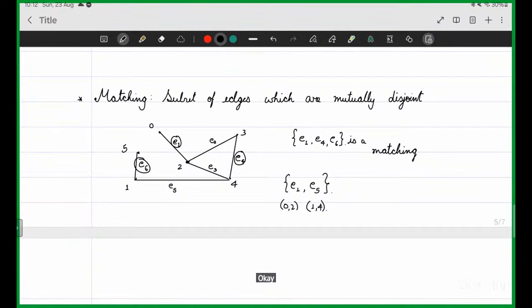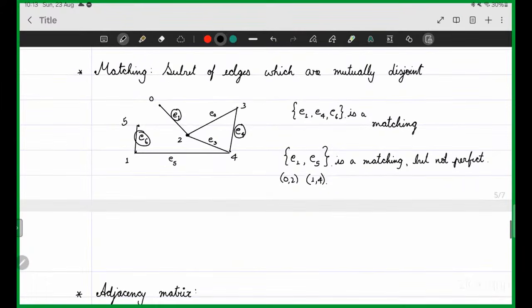Okay. So yeah, what was your doubt? It is a matching, but not a perfect matching. All right. So this is the matching problem.